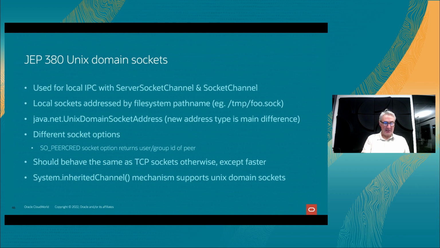So obviously there's no equivalent to that in TCP sockets. But apart from those two differences, socket channels and server socket channels should behave exactly the same with Unix domain sockets as with TCP sockets, except they should be a bit faster, possibly up to 20% faster with Unix domain sockets as compared to TCP.